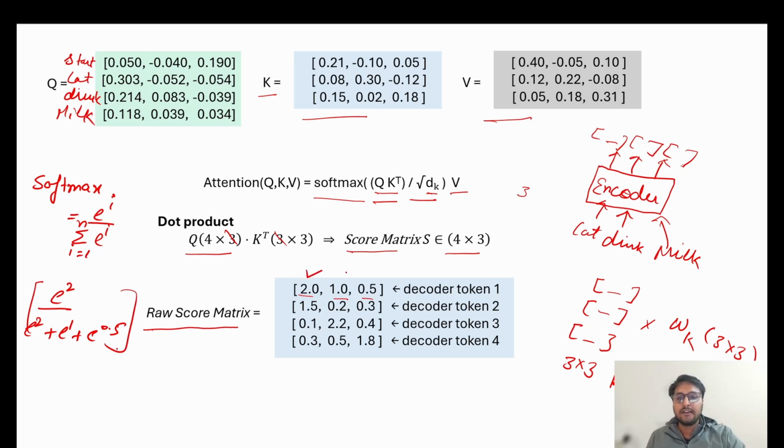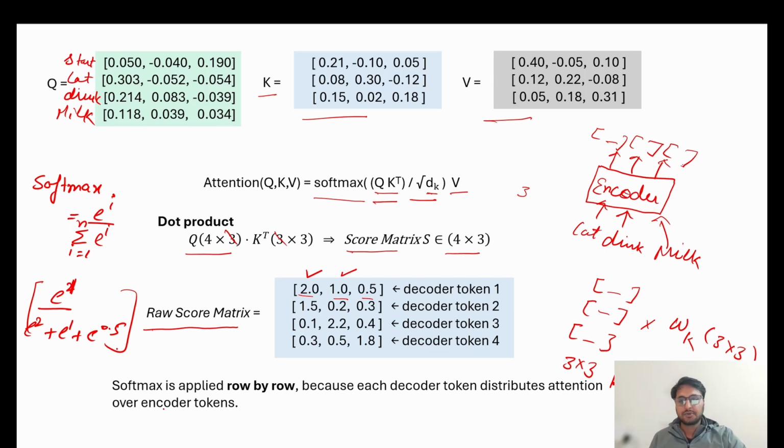Similarly, for the second place we change the 2 to 1 and everything else is the same. This way we calculate our softmax values, and these are the probabilities.